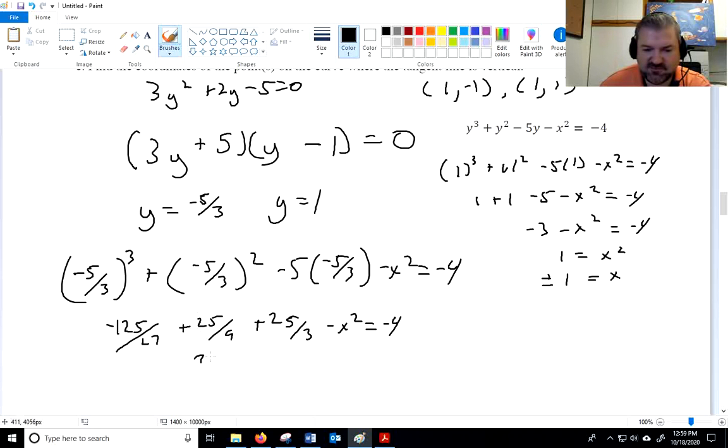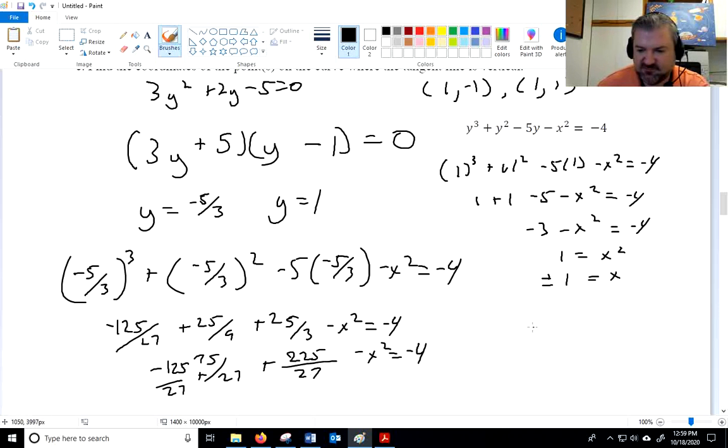This becomes 75 over 27, and this becomes 9 times 25 is 225 over 27. So let's see here, this is negative 50. So 175 over 27. So we have a negative 4. It's going to end up being a minus 175 over 27, and x is going to be plus or minus the square root of that after we negate it, right?